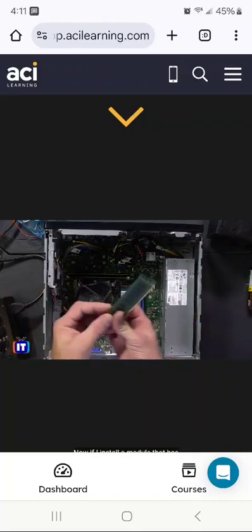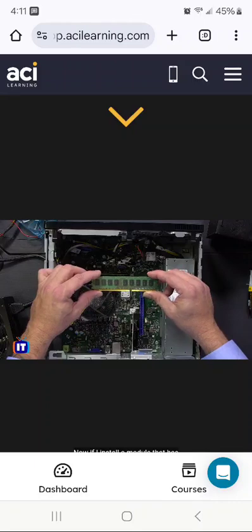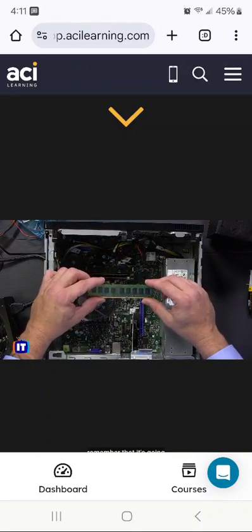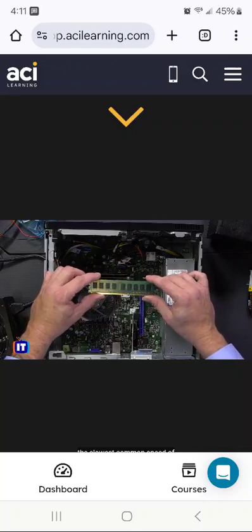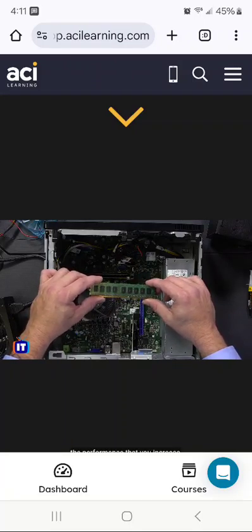If I install a module that has a lower speed than another module, remember that it's going to reduce the speed to the slowest common speed of the installed memory. And that's why it's important to make sure that you have matching memory, matching speed, so that you can take advantage of the performance increase that you get from the newer standards.